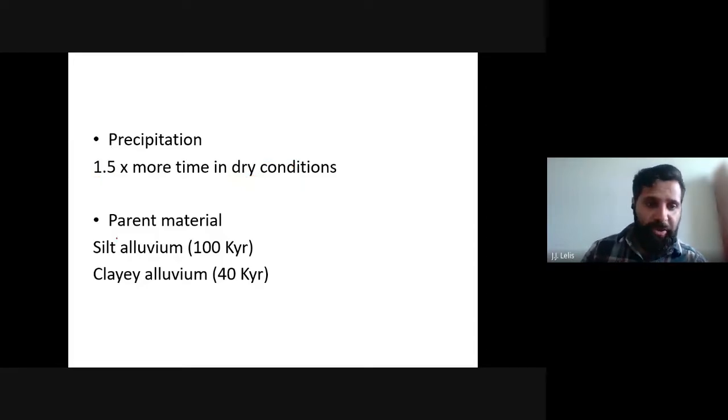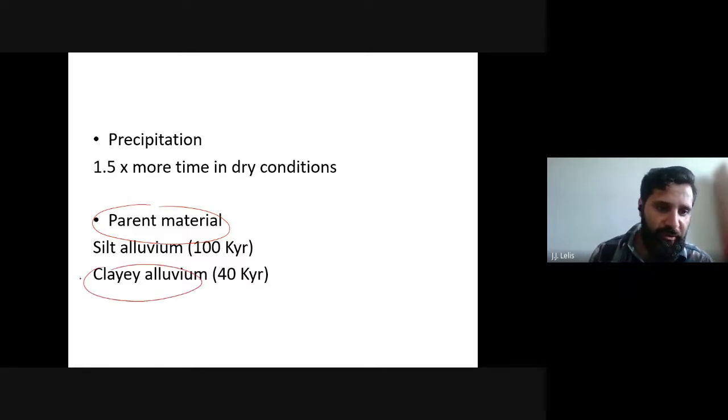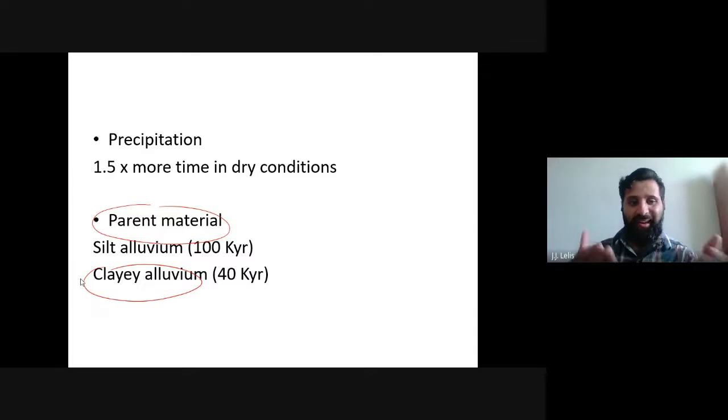The parent material also influences the formation of the argic horizon. You can find an argic horizon easily if you have clay-rich materials. So if you are looking at a horizon that was formed from the weathering of a mafic rock or clay alluvium, of course it could be easier and faster to produce that argic horizon.